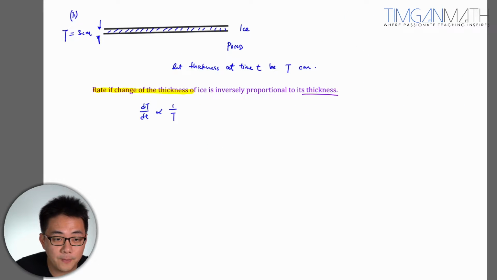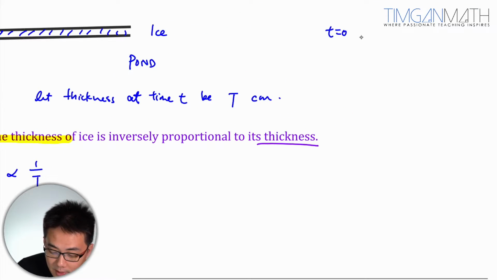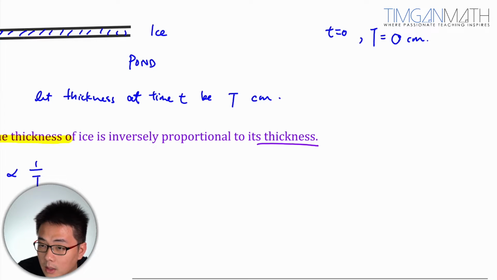Now you're told that at time t equals 0, the thickness is 0 cm. Small t is in minutes.